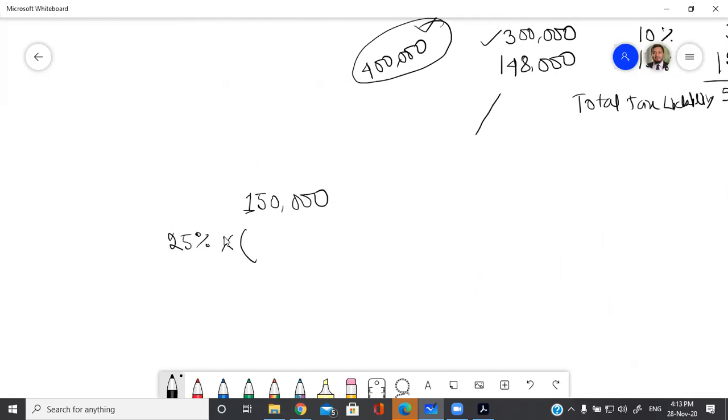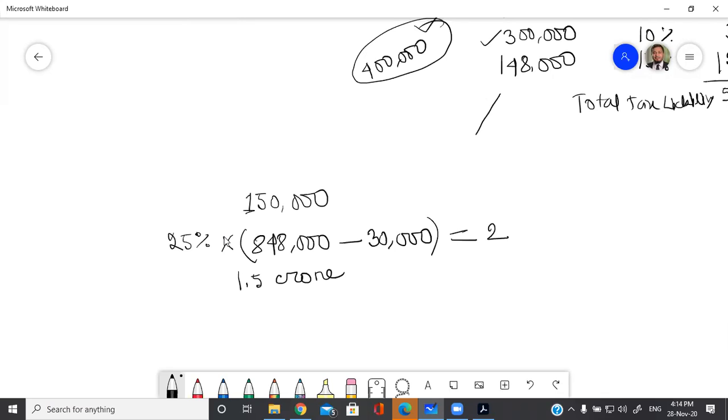25% multiplied by 848,000 minus 30,000. Now tell me, what is the figure? 2 lakh 4,500.